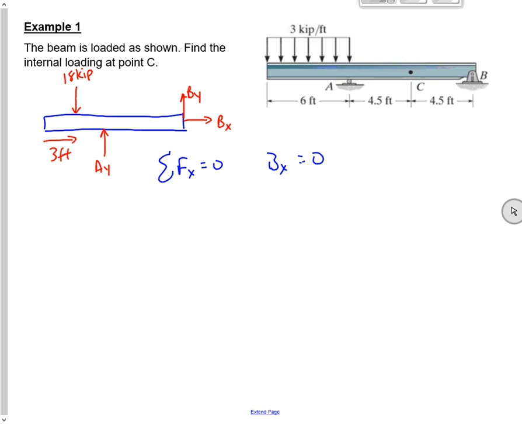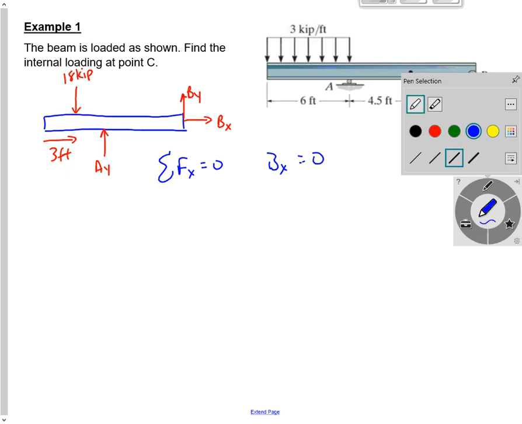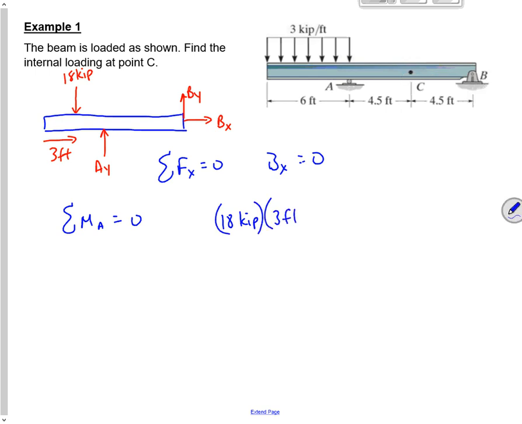I'm going to do the moments about A. So I get 18 kip times 3 feet. That's going to make it rotate counterclockwise. Then I'm also going to get BY times 9 feet. That's going to make it rotate counterclockwise.